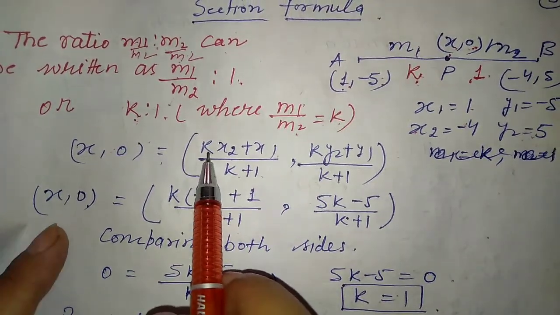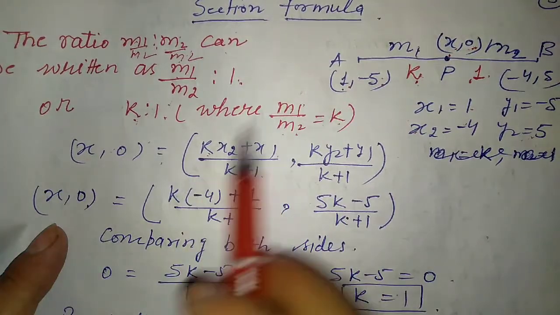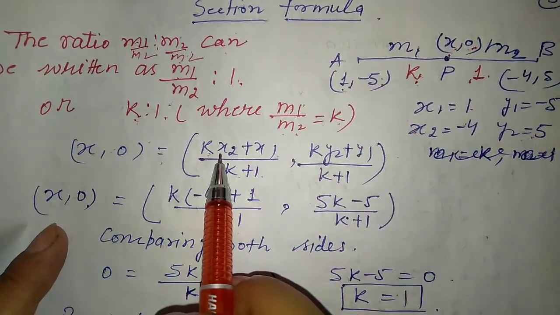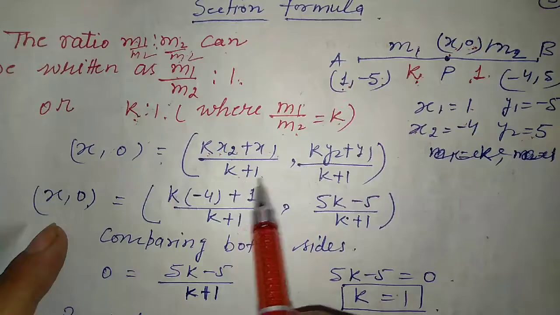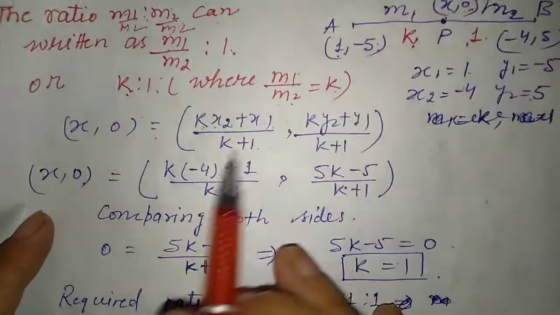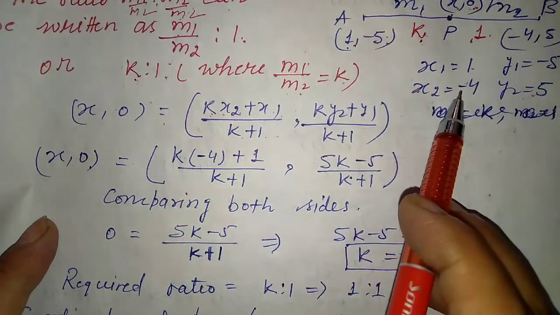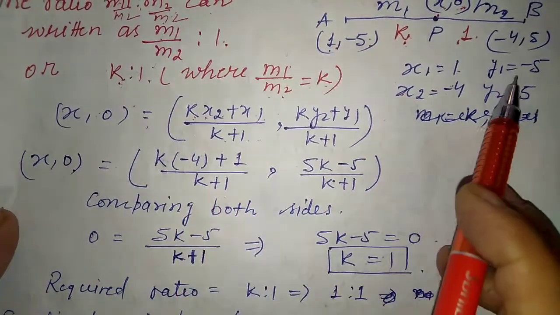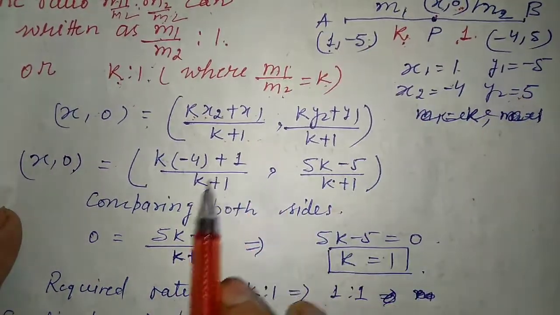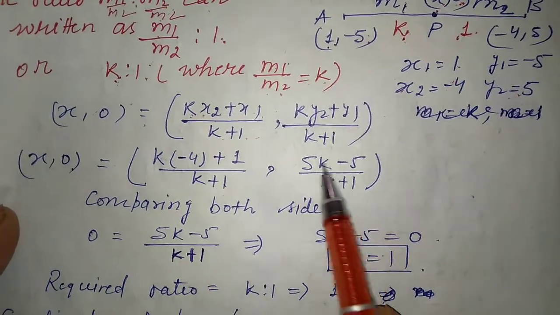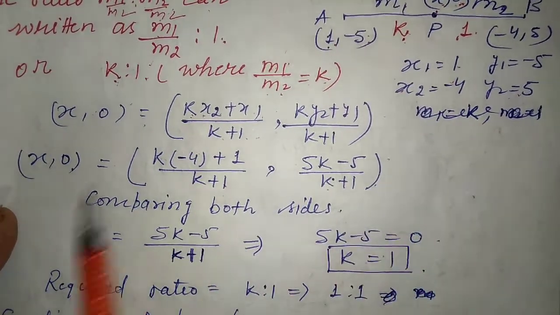Instead of m upon m2 we have a k, so k x2 plus x1 upon k plus 1. This formula we have discussed earlier. x and 0 is equal to k times -4 plus 1 upon k plus 1, and similarly 5k minus 5 upon k plus 1.